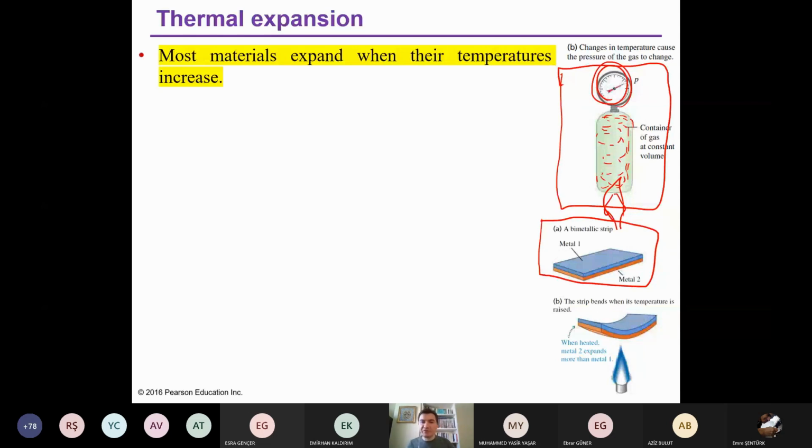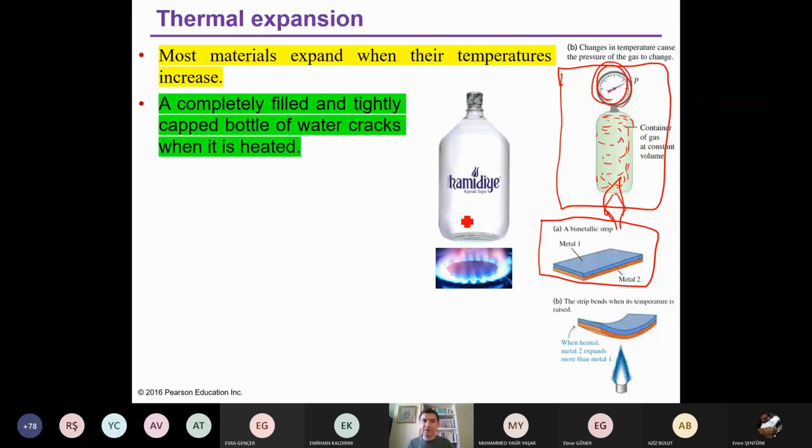We also have many examples in our real life. For example, if you have a completely filled and tightly capped bottle of water, let's consider this part is tightly capped, and you heat this water, then the material will expand, and finally you can crack this bottle.